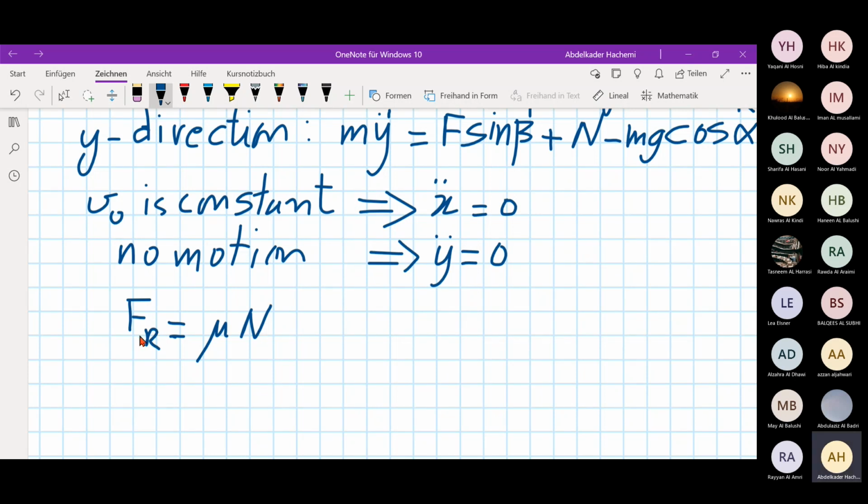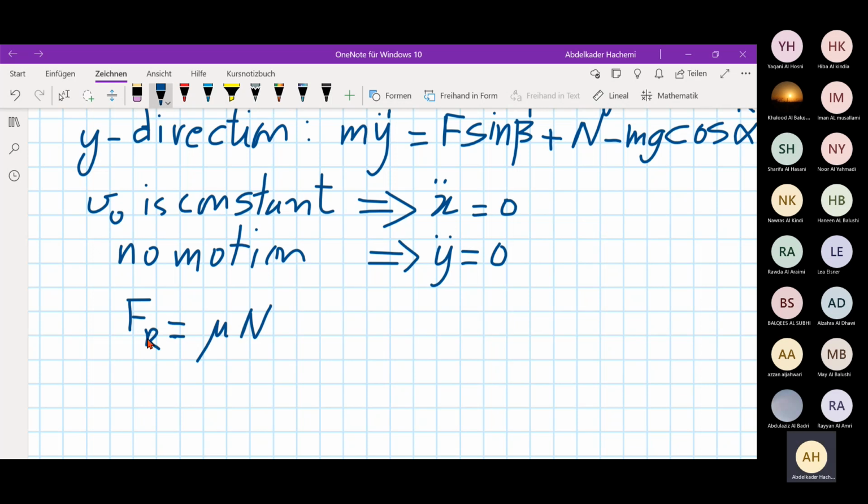If n is given, Fr is given, mu will not be given. If mu is given, the frictional coefficient, in this case we have to determine only n. N can be determined by the equilibrium condition. When we get n, we can get Fr.